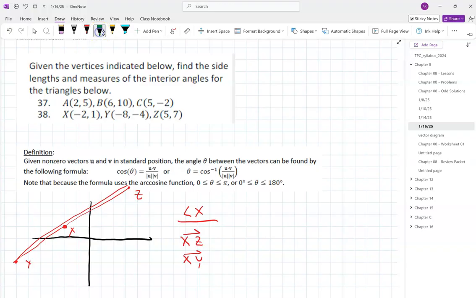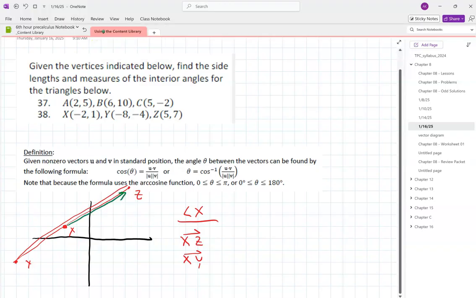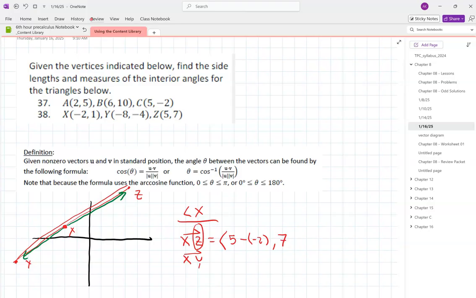So the first thing I'll do is head to tail to get them into component form. Z is the head because the head of the vector is above the Z. So I'm going to have 5 minus the tail, which is the X. And I do that for both the X and Y components.